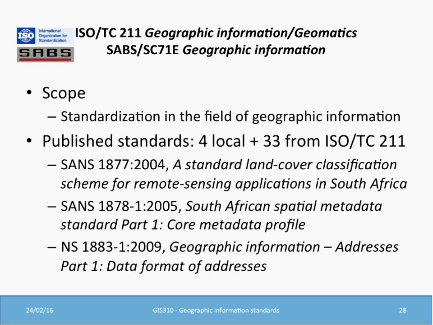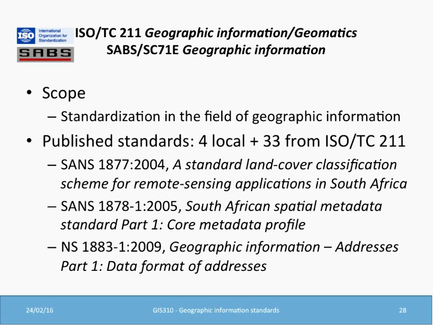One of them is about addressing and data exchange of addresses. Another one is on data custodians. So there are 44 local standards that have been produced, 2 currently in development. I think the 33 is actually maybe outdated. There's probably already like 40-something standards that were then adopted from TC211.